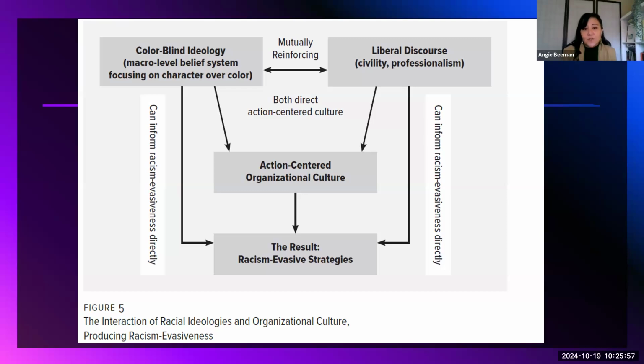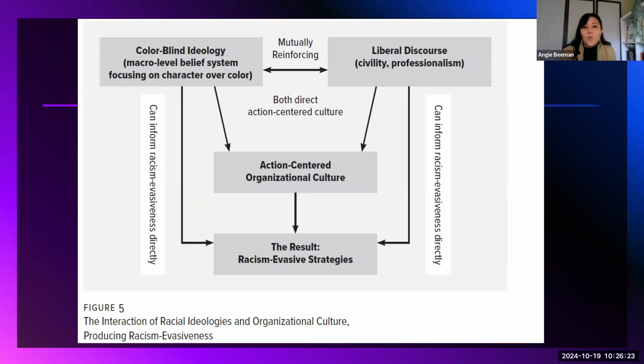We have a different economic structure today, and that produces a different kind of racist ideology, colorblind racism. That external belief system and liberal discourse that focuses on civility and professionalism acts on organizational culture, I argue in my work. And the result is that it produces racism evasiveness, or a denial of racism.